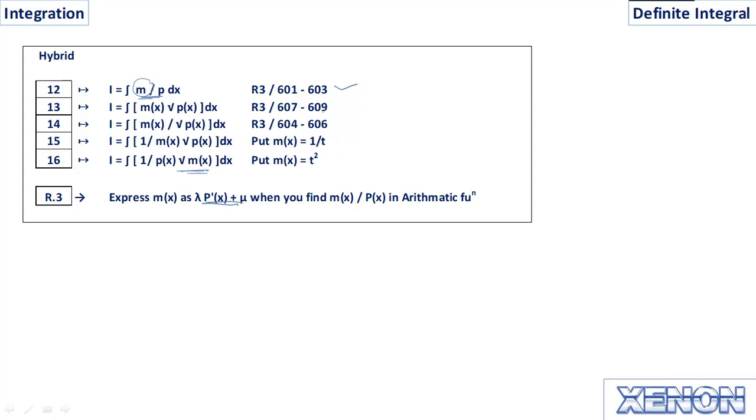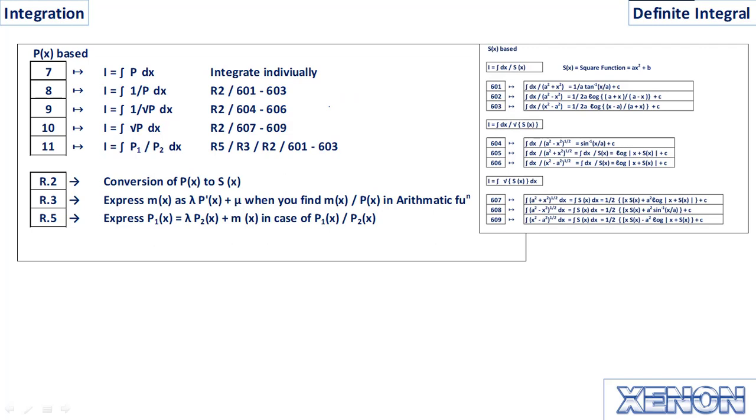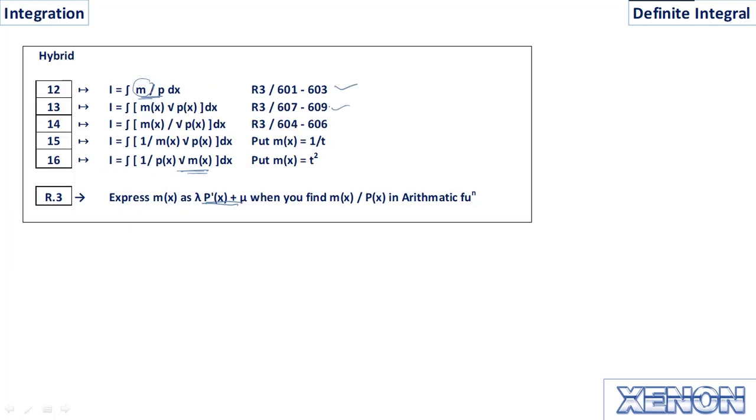And we apply the rule 6.0.7 to 6.0.9, where in the 6.0.7 to 6.0.9 rules we are getting the integration of the form of square root of Sx dx, right?